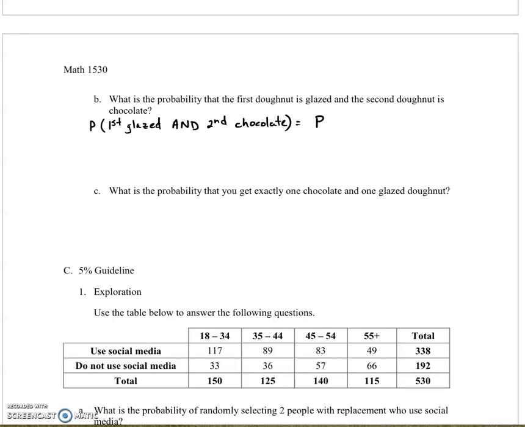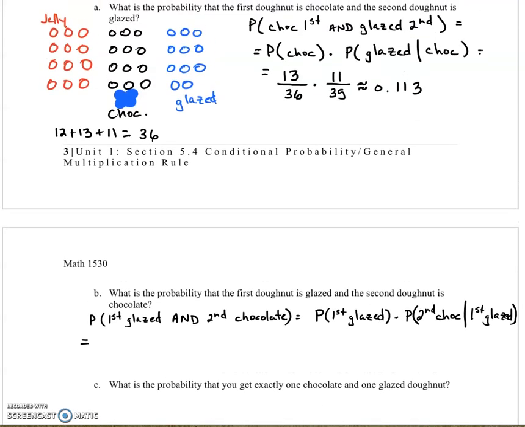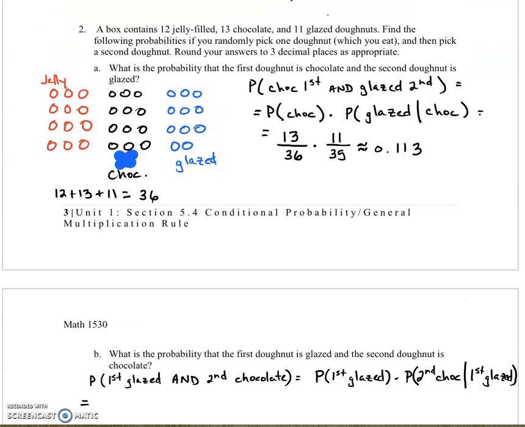That's the probability of the first being glazed times the probability that the second is chocolate, given that the first was glazed. I'm going to write this at the top here: 12 jelly, 13 chocolate, and 11 glazed, just so we don't have to keep scrolling up.